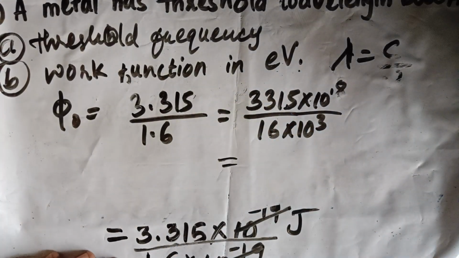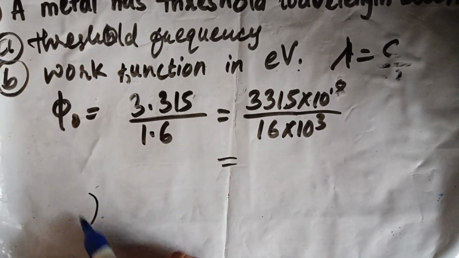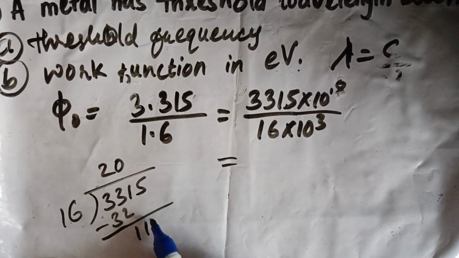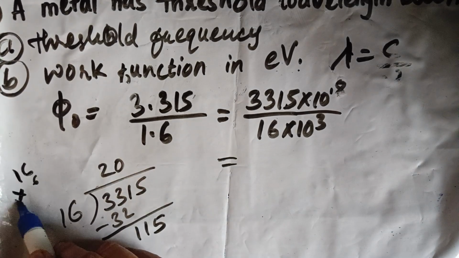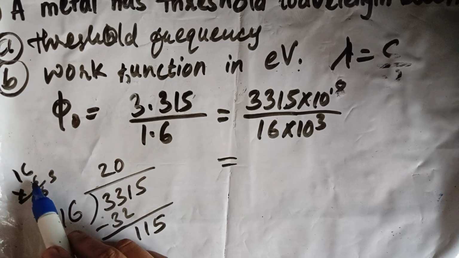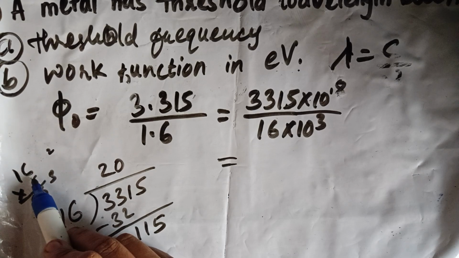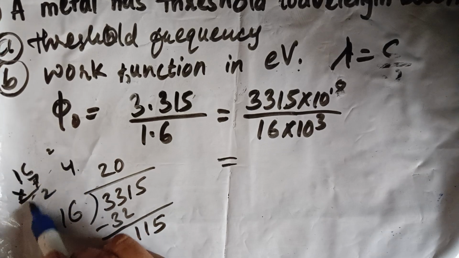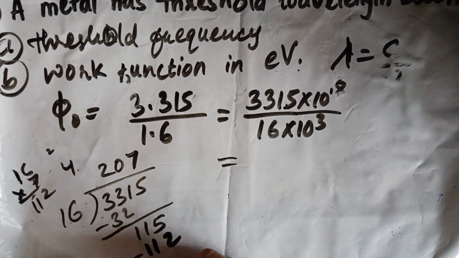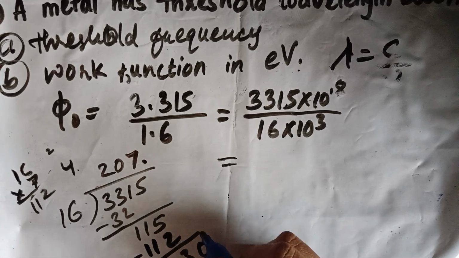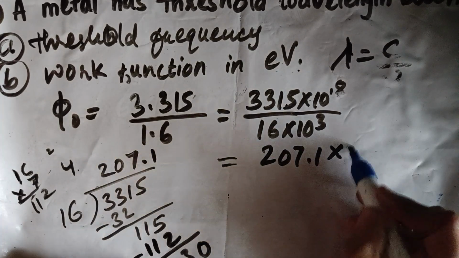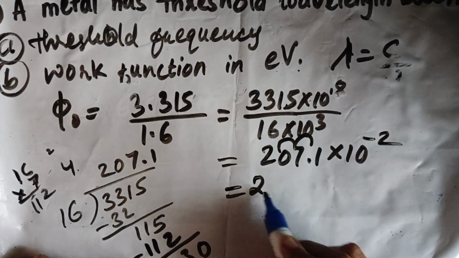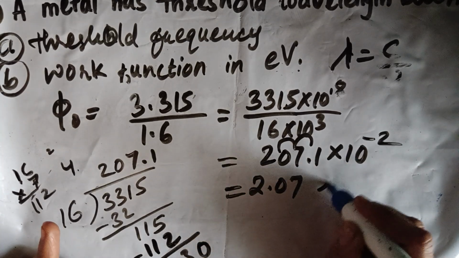Dividing, you'll get 207.1 into 10 raised to 1 minus 3 minus 2. So 2.07. This is in electron volt.